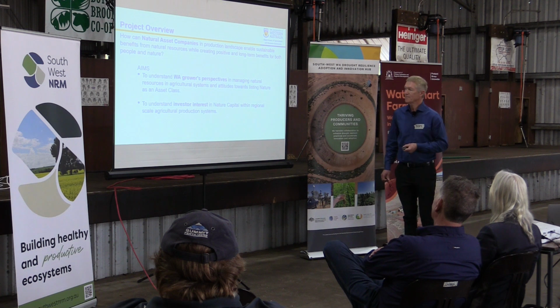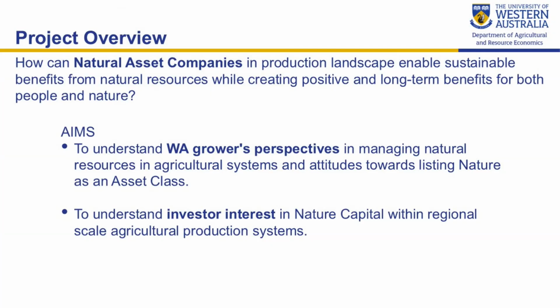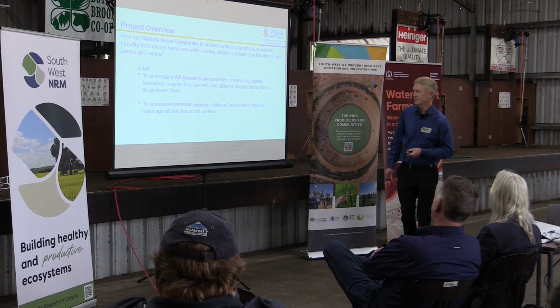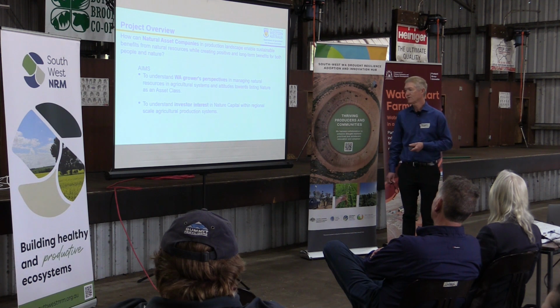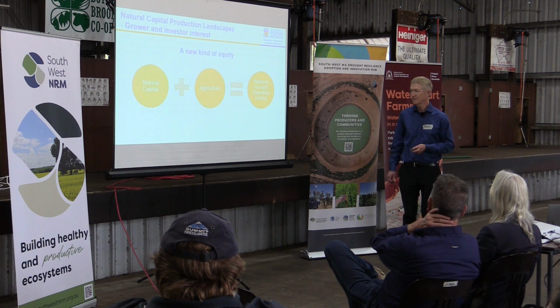And the project then looks to understand the WA grower perspectives around managing natural resources and agricultural systems and attitudes towards listing nature as an asset class. And then also we've looked at investor interest in natural capital with regional scale agricultural production systems.